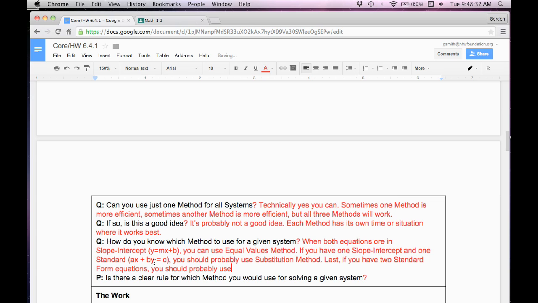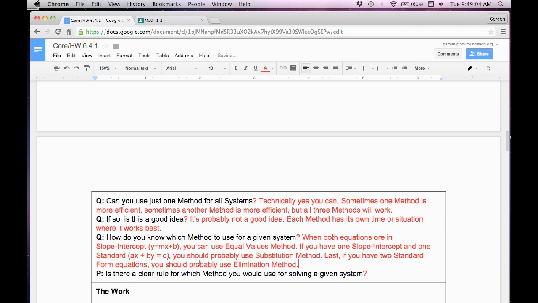You can make the coefficients of either the x or the y opposites so one of the variables disappears. Hi, Eddie. Now you're famous. So you would use the elimination method if they're both in standard form.